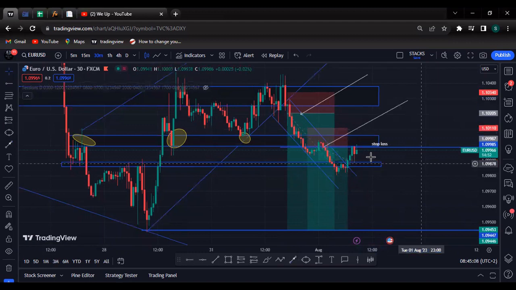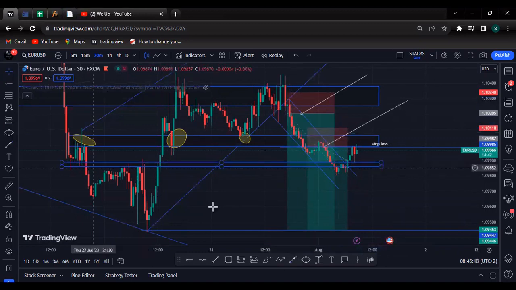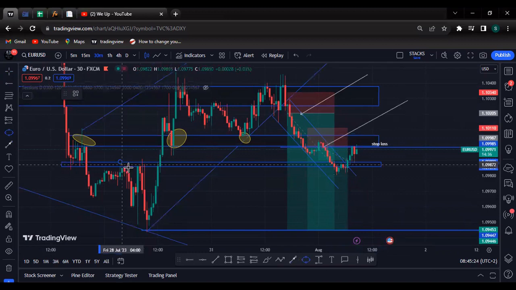And then what can you see? Price came down, pushed down, and then I looked left again. I saw this zone here, previous resistance. As you can see, let me show you over here. There was a resistance.